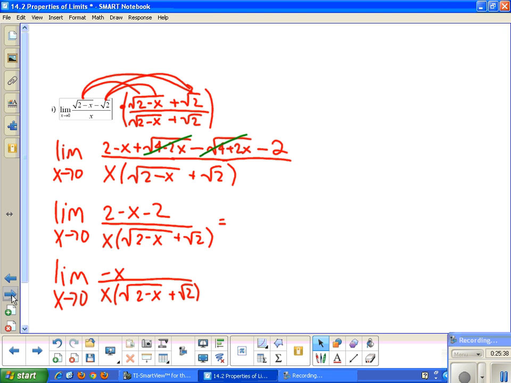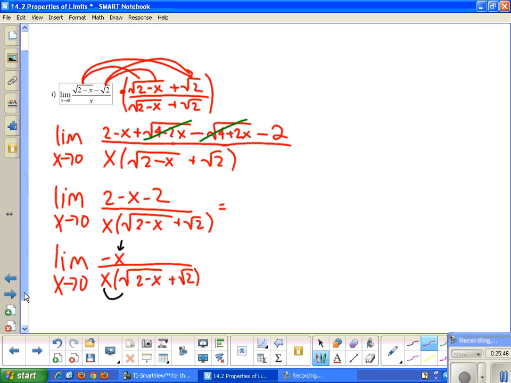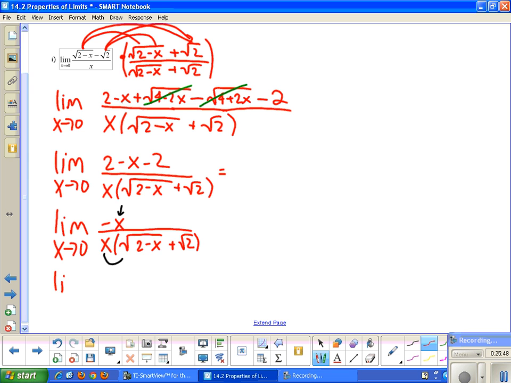Notice when I did that, now I have this x being multiplied by that whole term, and this x up here is by itself, so I can cancel those two x values out. And when I do that, I get the limit as x approaches 0 of negative 1 over the square root of 2 minus x plus root 2.